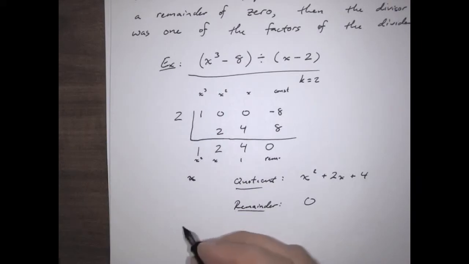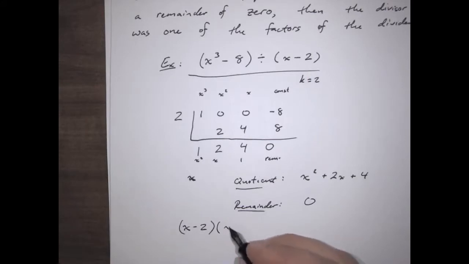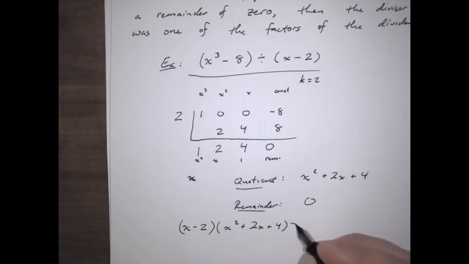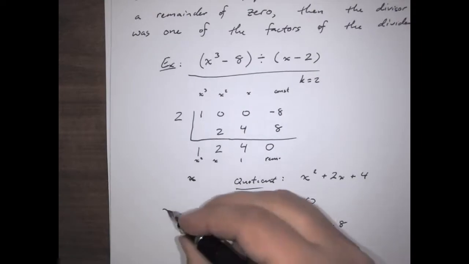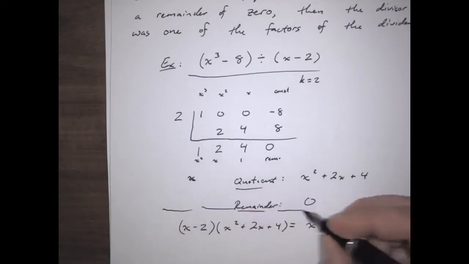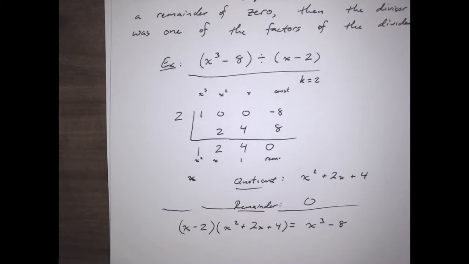So what that means is x minus 2 times x squared plus 2x plus 4 is actually equal to x cubed minus 8. And if you were to multiply that out, it would all work out.